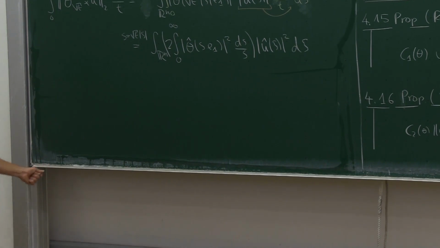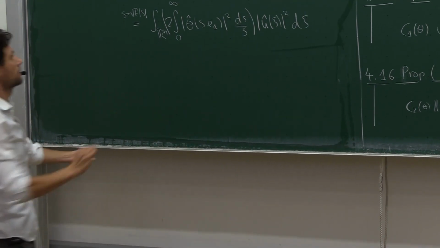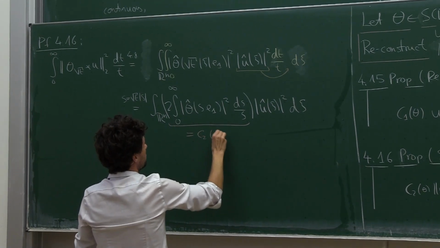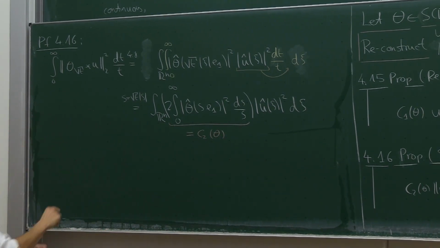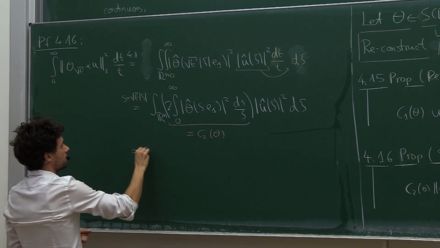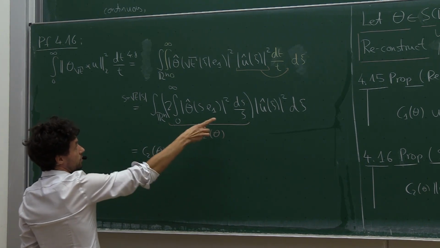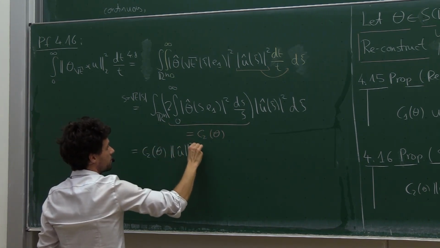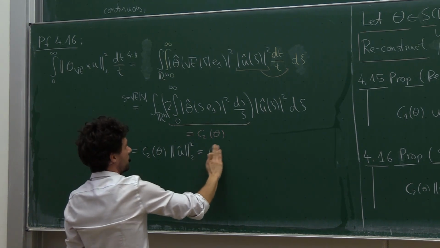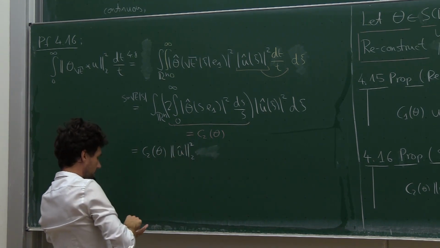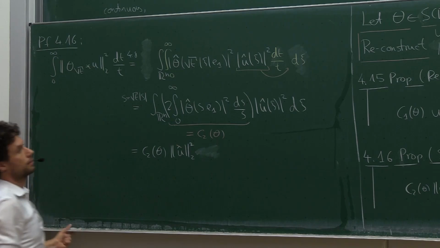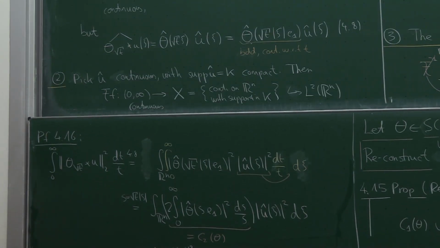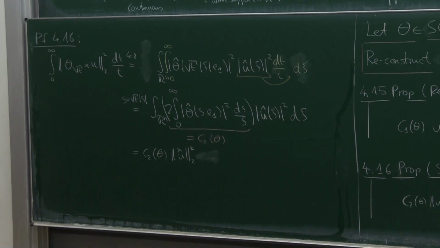And then you see I'm already done, because this is what I called C2 of theta. So it's just C2 of theta times what's remaining, which is the L2 norm of u hat squared, but then you do Plancherel backwards. You can kill the Fourier transform here. And then you see that this square function is exactly the constant I claimed times the L2 norm of u.